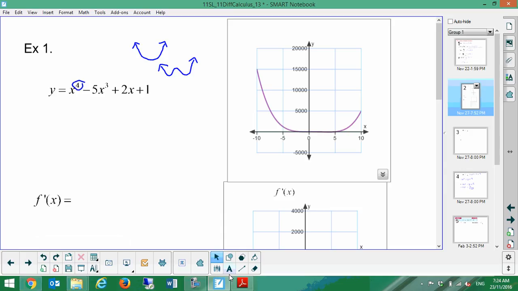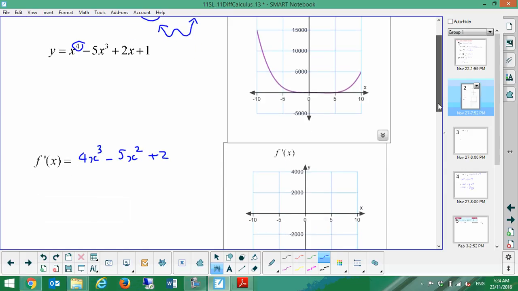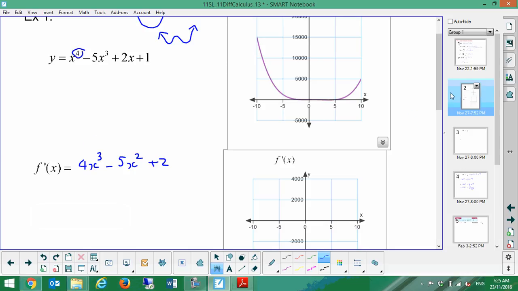So now let's take the first derivative of this. F dash x will become 4x cubed, just using all the rules that you should know by second nature now, minus 5x squared plus 2. Now we can see that each time our powers are dropping down.